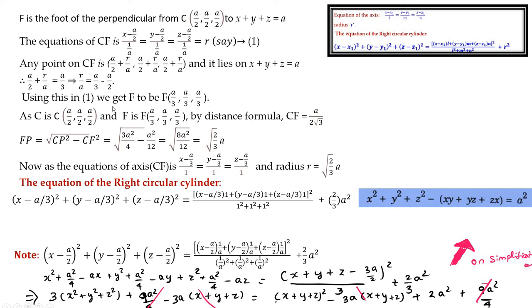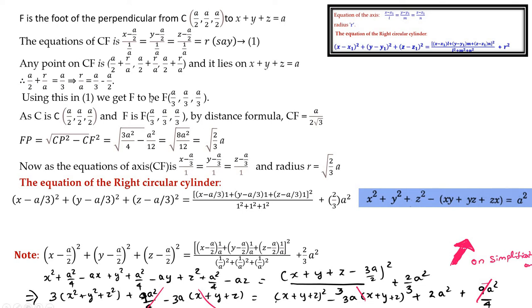Now using this in 1, we get F to be: replacing r by a by 3 minus a by 2, and then simplifying, a by 2 will get cancelled, giving just a by 3.